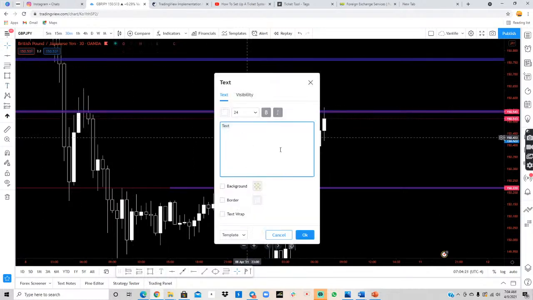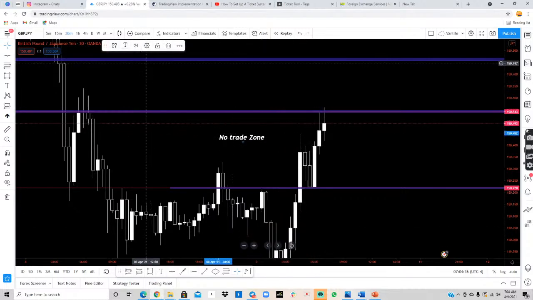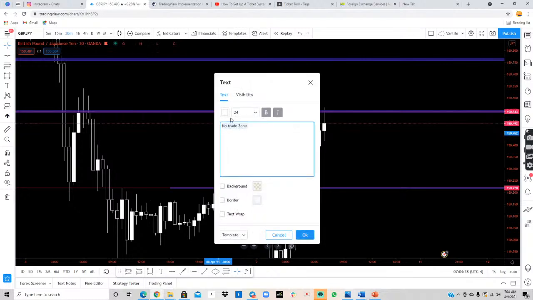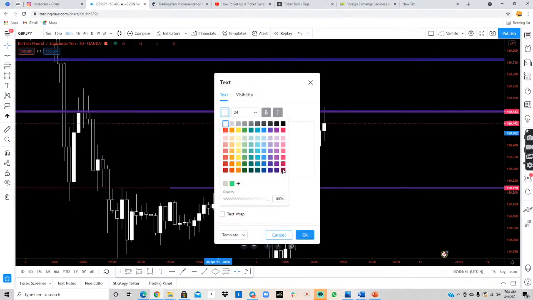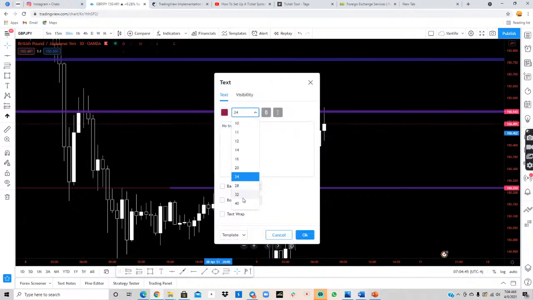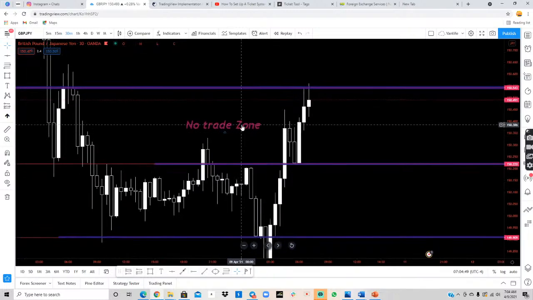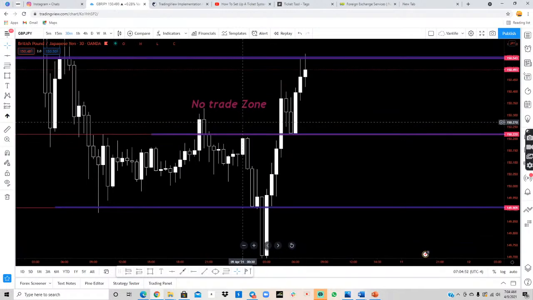So this is pretty much a no trade zone. So this is a no trade zone, so you definitely need price to leave this area.